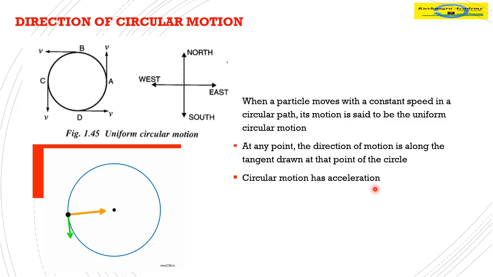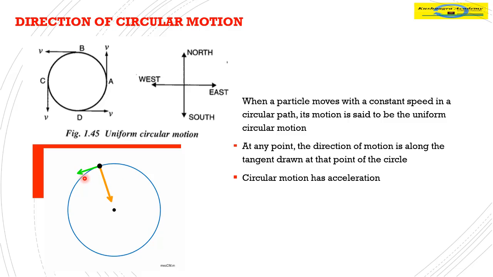Circular motion has acceleration. Now what is so? We are saying that the speed is uniform, but velocity, being a vector quantity, depends on direction as well. If the speed is constant but the direction is changing, that means velocity is changing. If you remember correctly, Newton's first law says that velocity is constant if there is no external force.